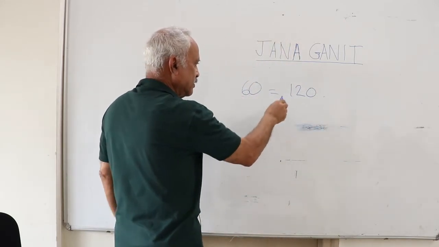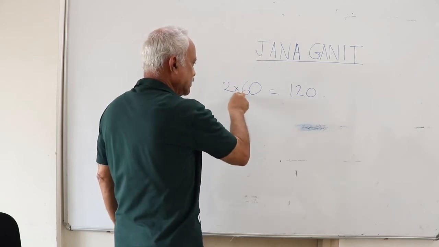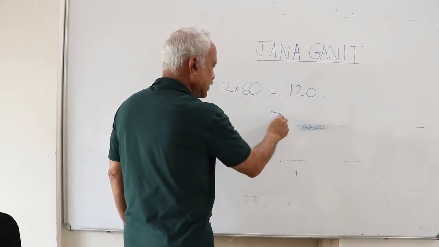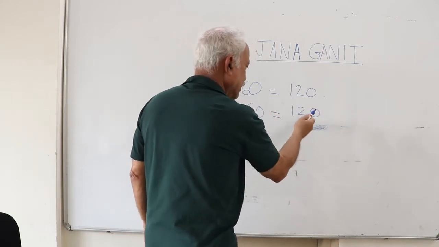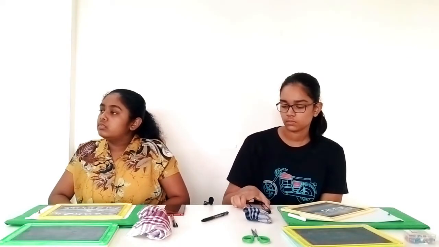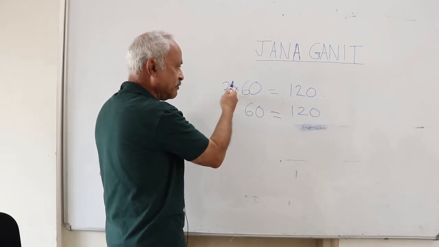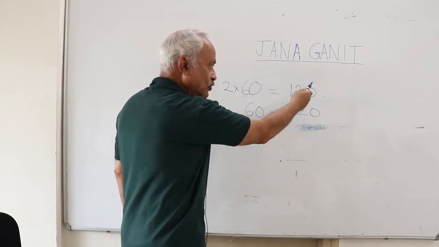I can say 2 into 60 is 120. I can also say that 60 is equal to 120 divided by something. If I multiply 60 by 2, I get 120. What do I do to 120 to get 60? Divide. Divide by? 2.